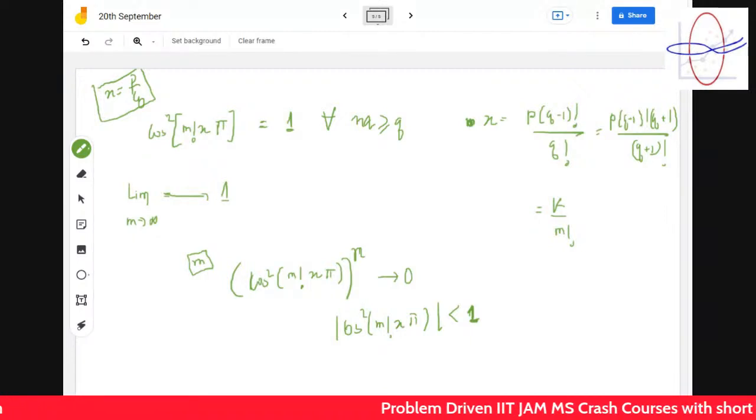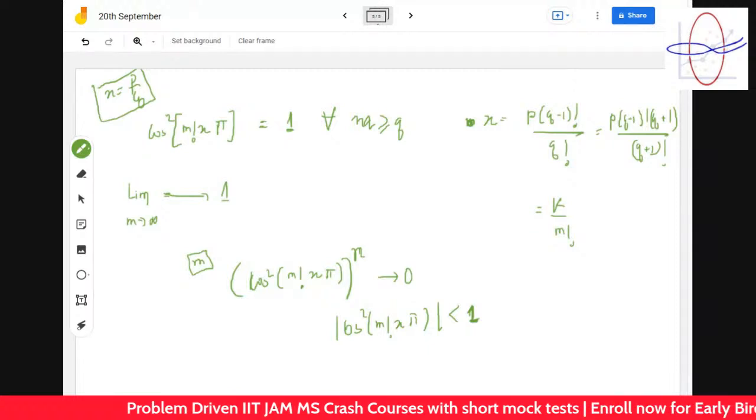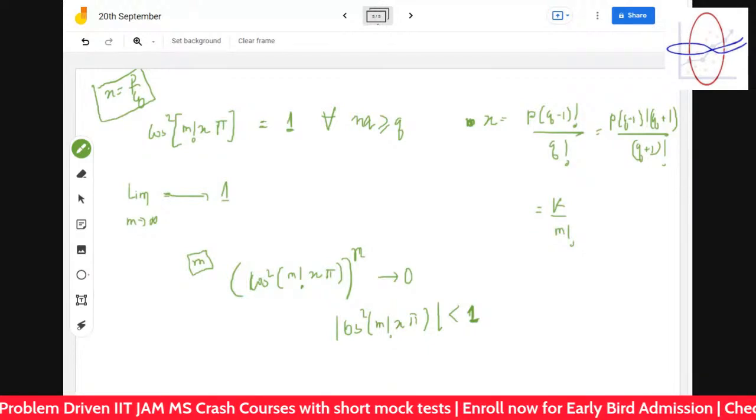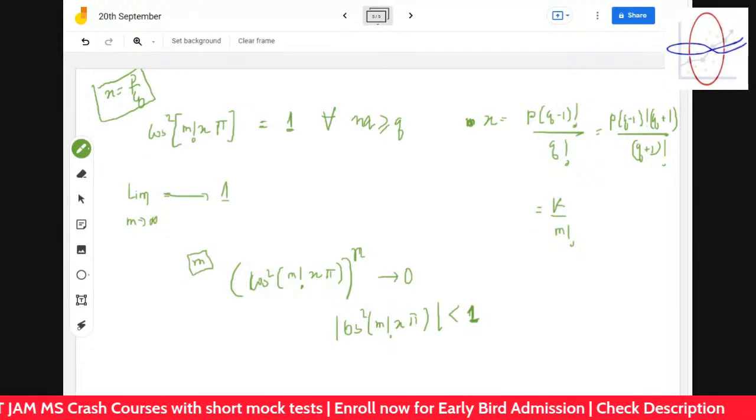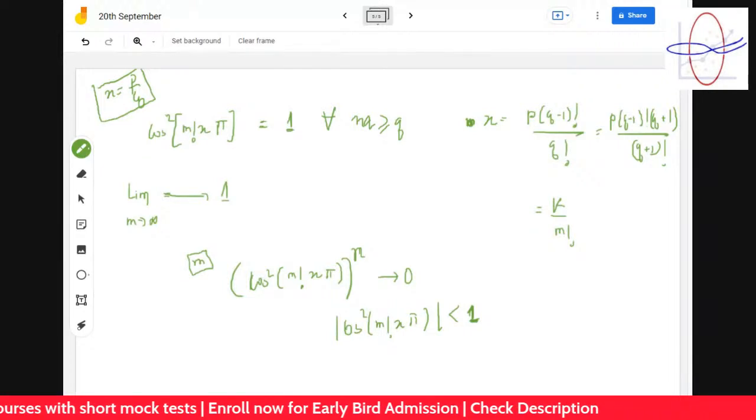This is where you fix m. If you don't fix m, then it can be different. But if you fix m, then this will be less than 1 always.